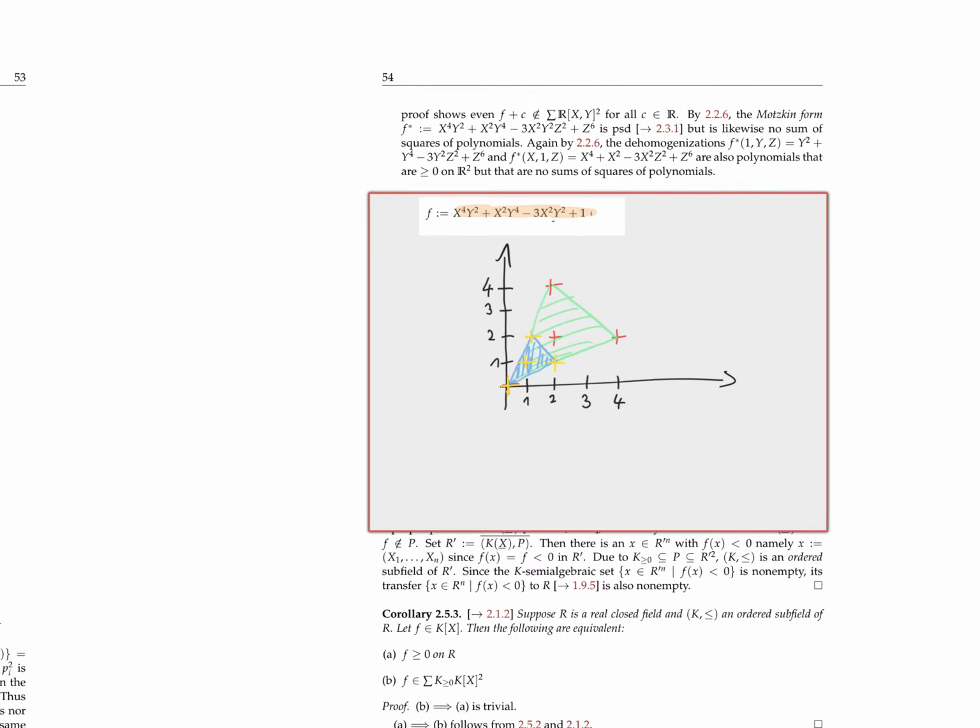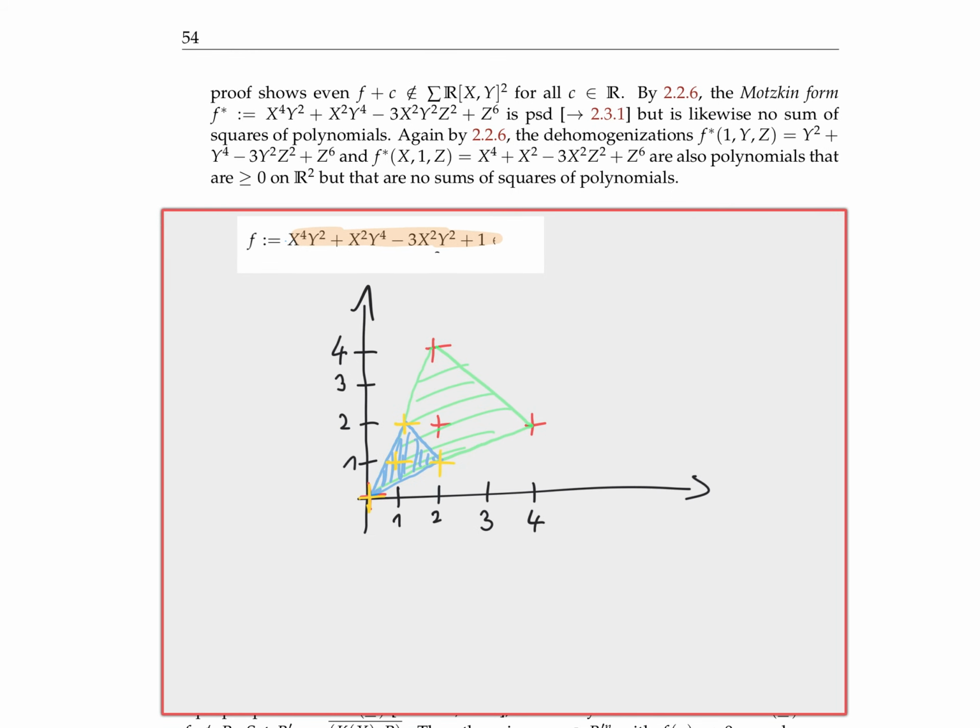Note that the proof shows even more. The proof shows that even if you add a big constant to f, like plus 1000, when f is not just non-negative but very, very positive somehow, right?